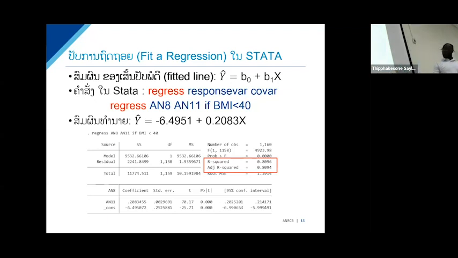And then on the bottom, I have the estimate of the slope and intercept. I also have a p-value and the confidence interval.